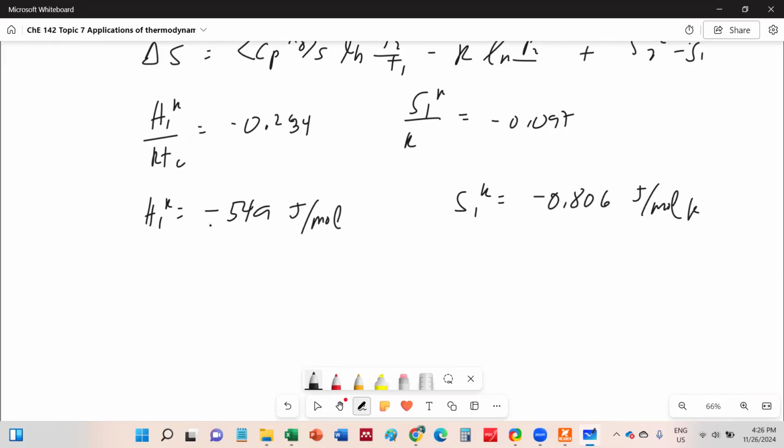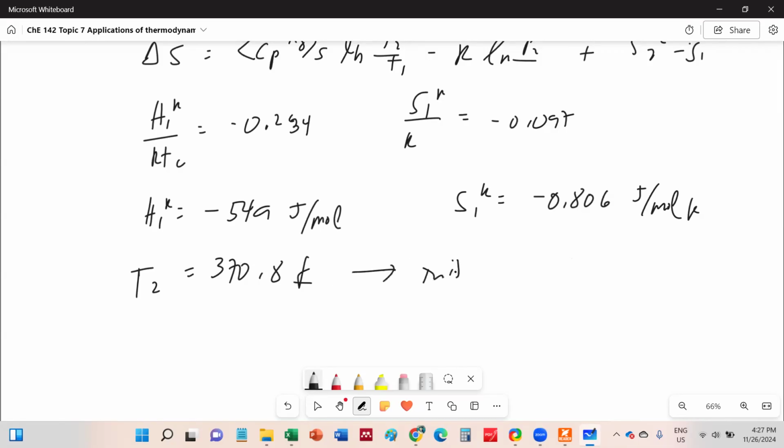But from letter A, using ideal conditions, T2 is 370.8 Kelvin. But this is assuming ideal conditions. It would be different if the conditions are actual. But this is a good start.